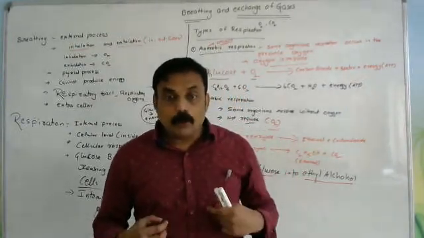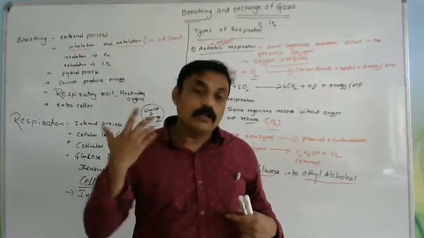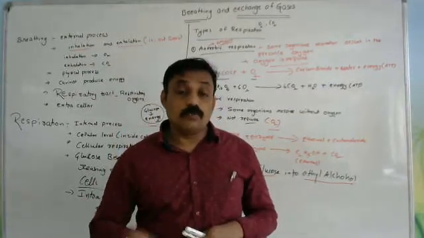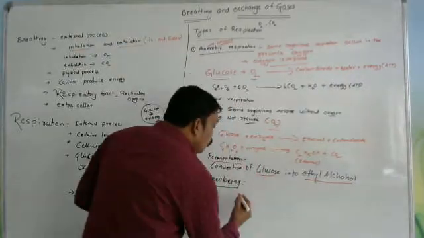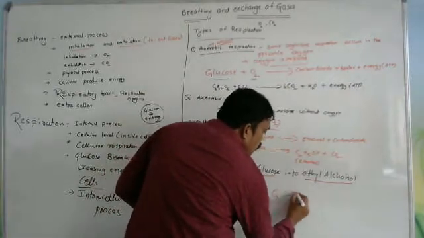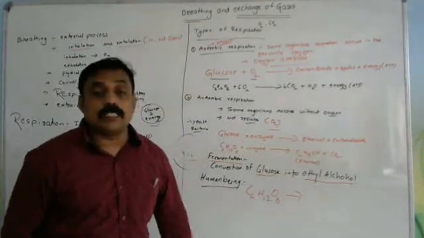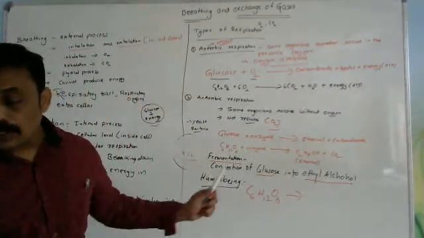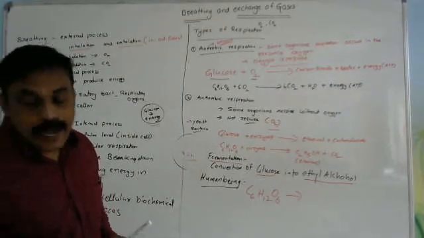So the oxygen level in our body is very low, and oxygen is not sufficient for the cells. At that time, this glucose molecule, C6H12O6, without oxygen or at a low level of oxygen, produces lactic acid.